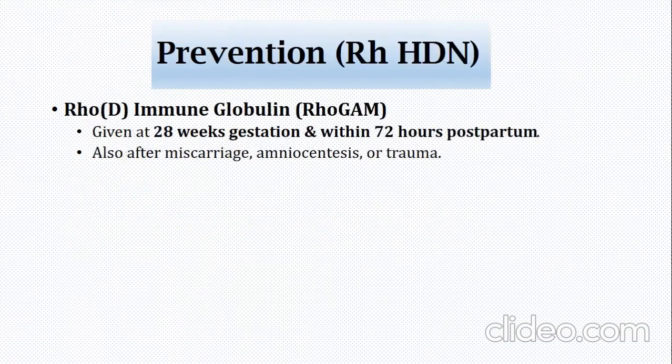Another thing you can do is exchange transfusion, in severe anemia and hyperbilirubinemia, which gives a good prognosis. In prevention, you can give rhesus D immunoglobulin, which is Rhogam, given at 28 weeks of gestation and within 72 hours postpartum, and it can also be given after miscarriage, amniocentesis or trauma.